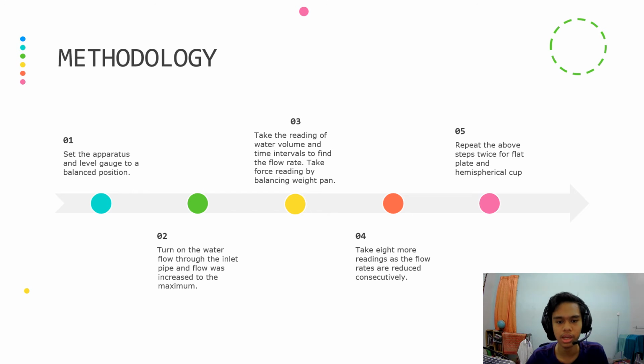We're also going to take the reading of water volume and the time interval so that we can find the flow rate. As we know, flow rate is equal to volume over time. We're also going to take 8 more readings as the flow rates are reduced consecutively. And we're going to repeat the steps above for the flat plate and also the hemispherical cup.